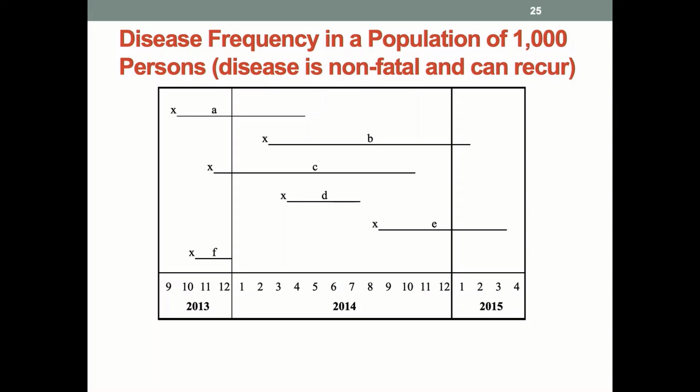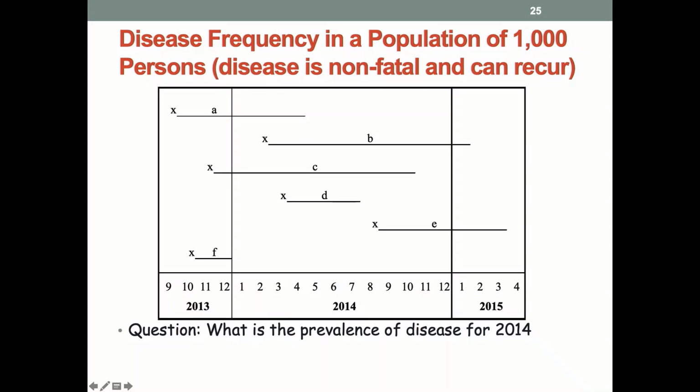Now, we can go over this in terms of the prevalence of a disease in a certain period of time. In this case, in a population of 1,000 people, those lines are people who developed the disease.